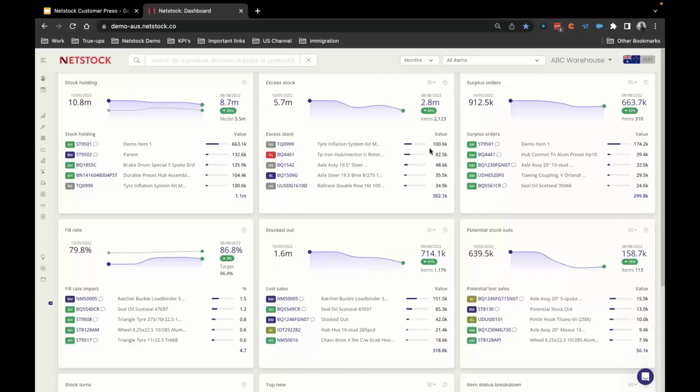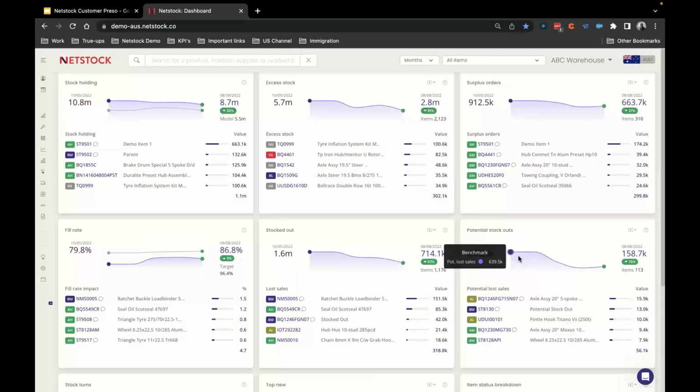Over there we can see that top item, $100,000 worth of excess inventory. If we could just reduce that, or sell that off, or whatever the action is that needs to be taken, return to supplier, we could free up that cash and use that cash elsewhere as well.